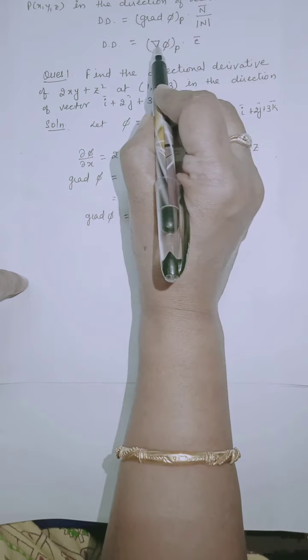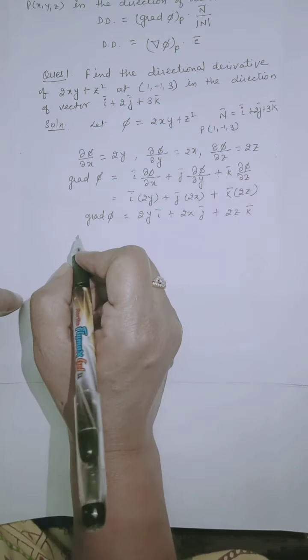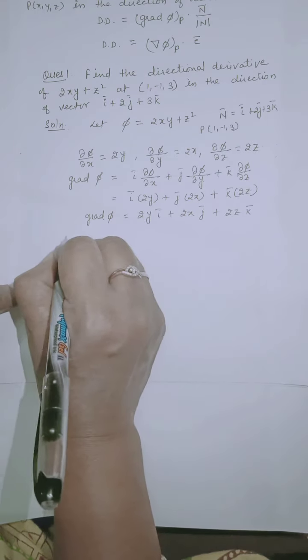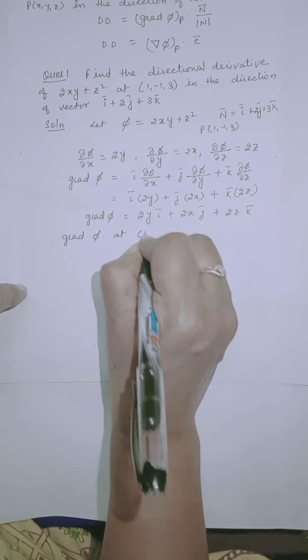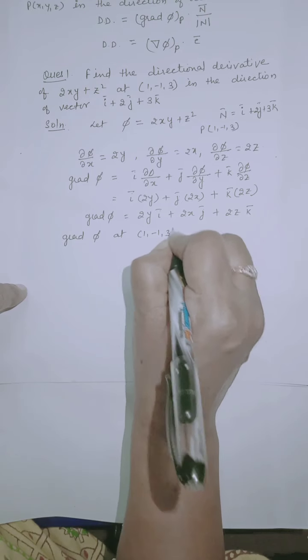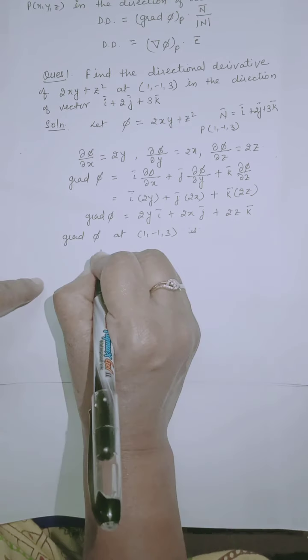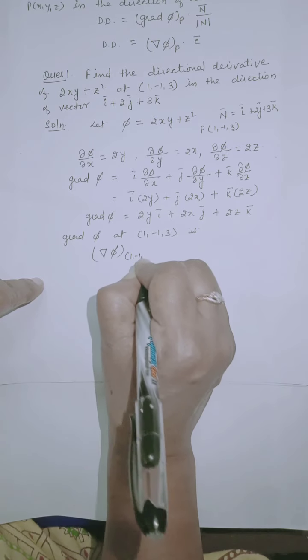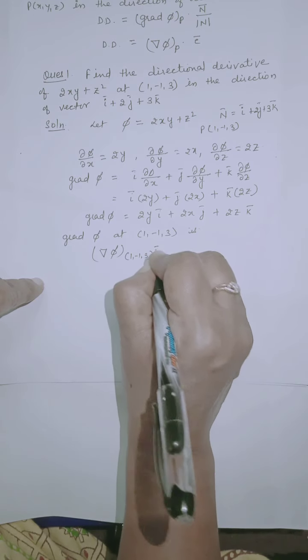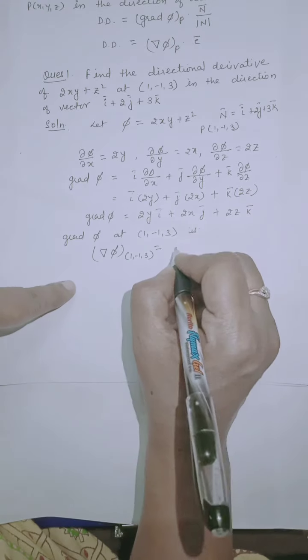Now students, we have to find grad phi at point P. Point P is 1 minus 1 3. So let's find the value of grad phi at the given point 1 minus 1 3, just substitute 1 minus 1 3 in place of x, y and z.